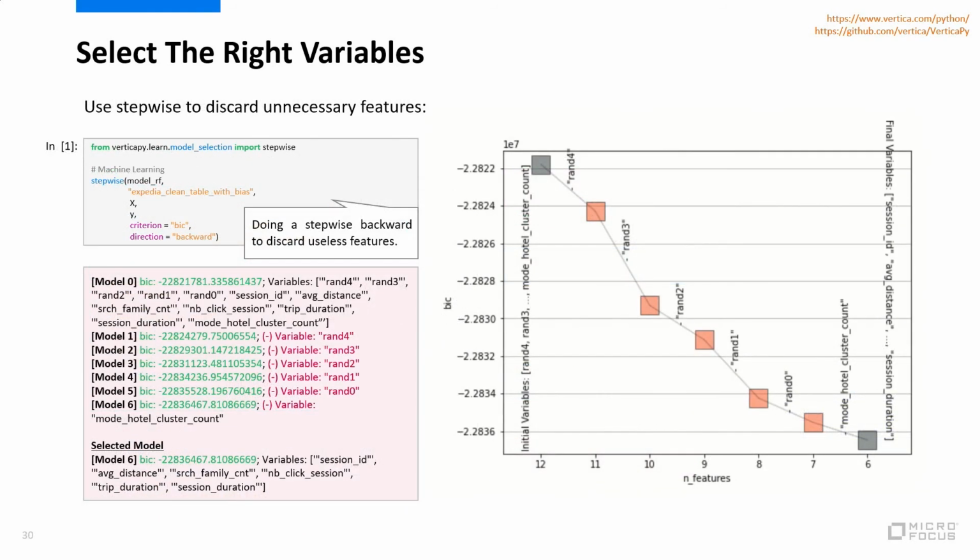So to select the right variables, there is a simple way in VerticaPy. You can use a stepwise, and you can see that all the bias will be discarded during this stepwise. Of course, stepwise is not perfect. It's not the best technique ever to select variables.